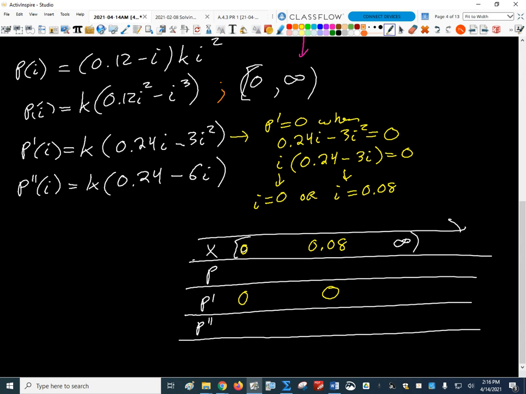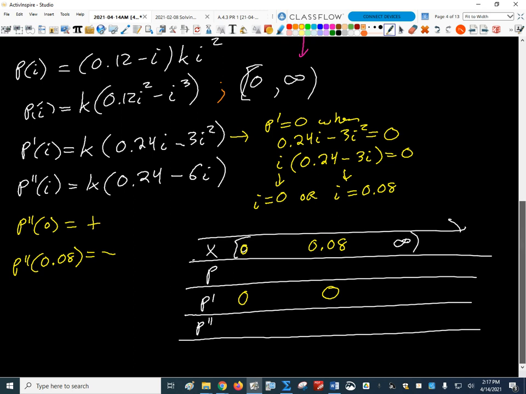What about the second derivative? P double prime of 0 is going to be positive. P double prime of 0.08 is going to be negative, isn't it? 0.24 minus 6 times 0.08 is negative.